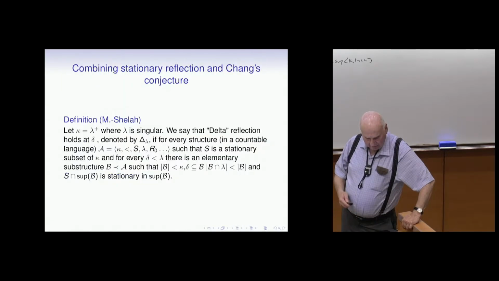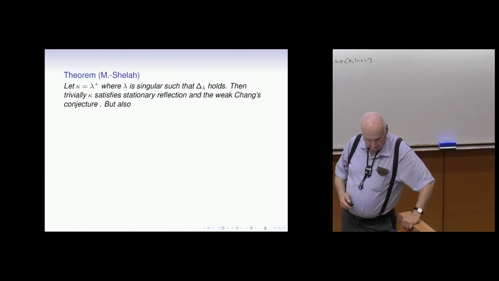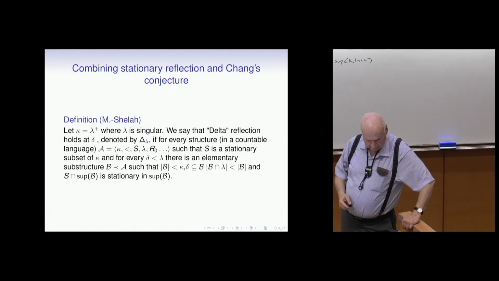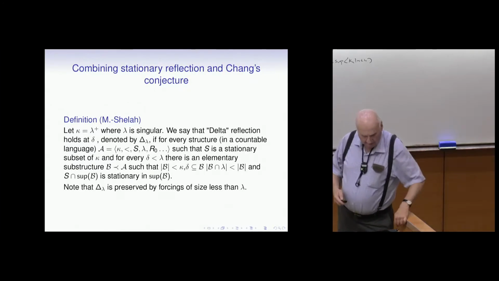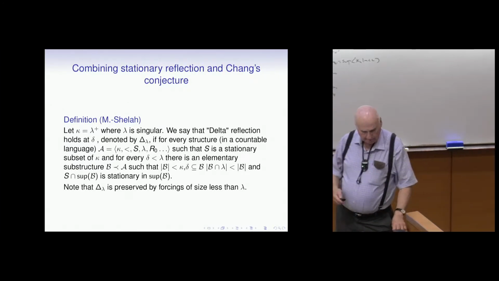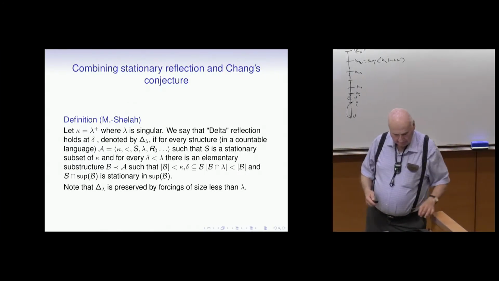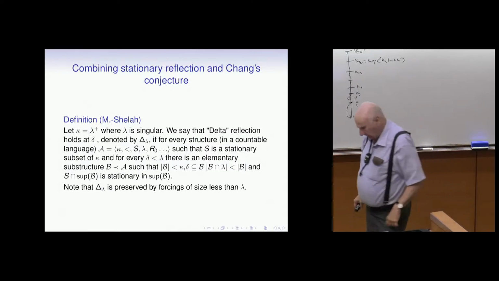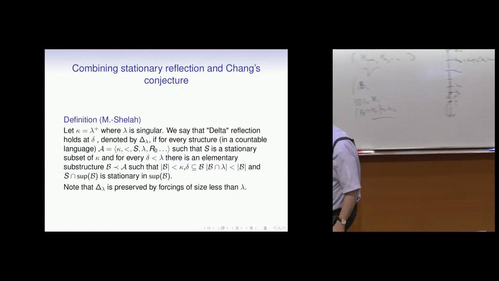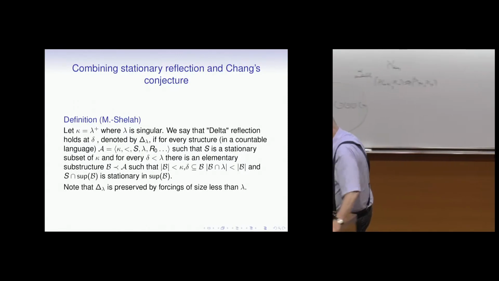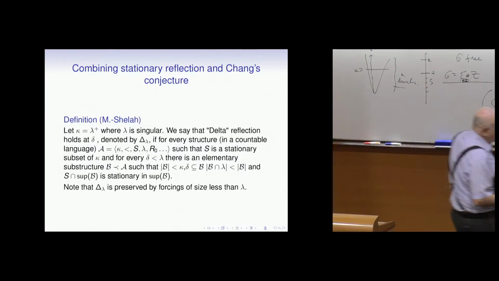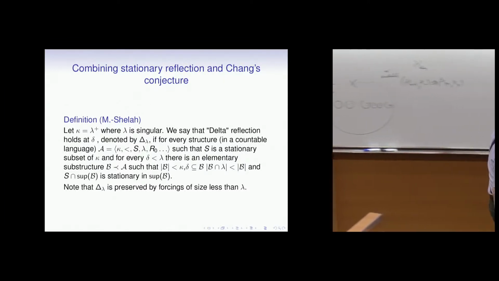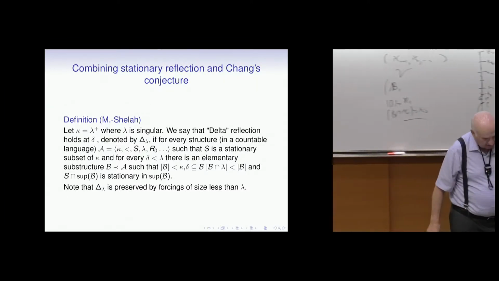Okay, so now, just a minute. Okay, so now suppose you try to combine, consider a reflection principle. You try to combine the Chang conjecture with stationary reflection. Namely, suppose you have a cardinal, a successor of a singular, let's say.